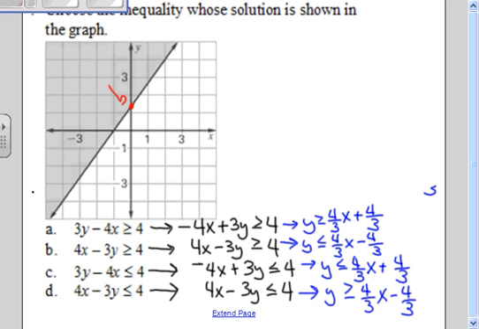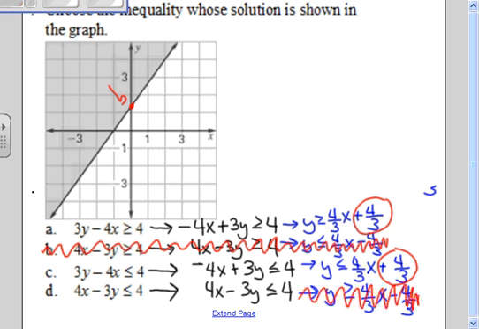That's a positive 4 thirds, so that one's okay. But look, this one's negative 4 thirds, which means this one crosses below the x-axis, which means it's not B. And then you've got 4 thirds x, that's a positive 4 thirds, so that one is okay. But D is also negative, which means below the x-axis, which means it doesn't match with this.